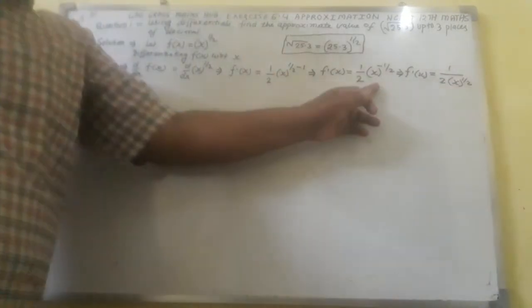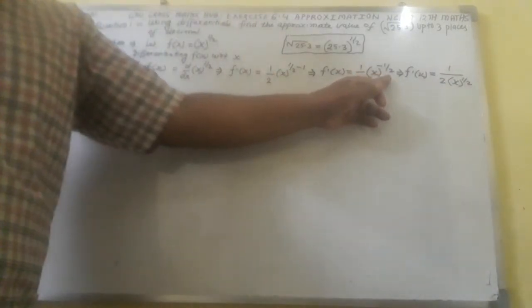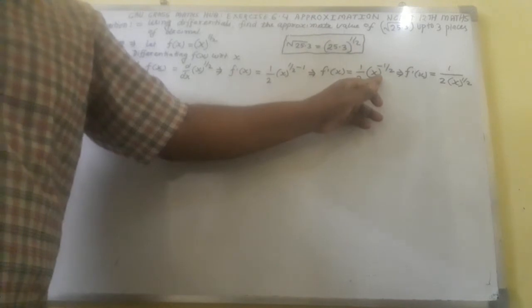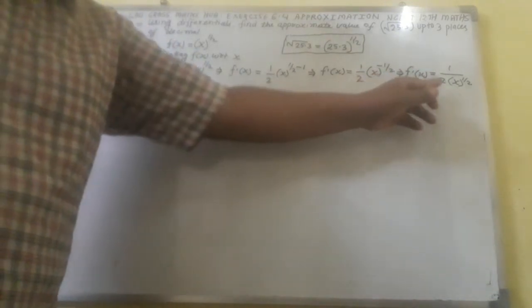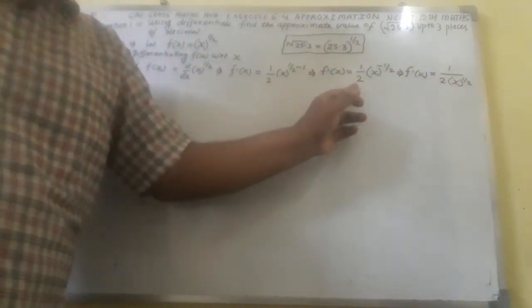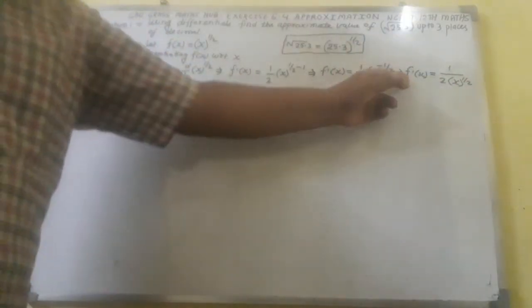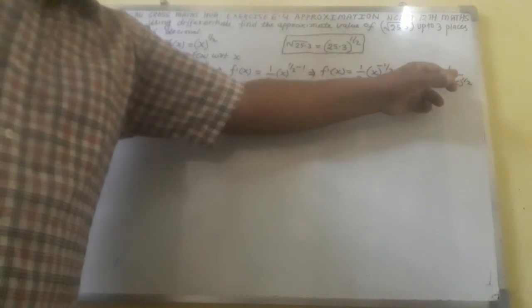This x raised to the power 1 over 2 is there in numerator, that will be thrown back into the denominator. Here 2 is there in denominator. So f dash x equal to 1 over 2 dot x raised to power 1 over 2 you have got. One part I have completed. Now think over the next.